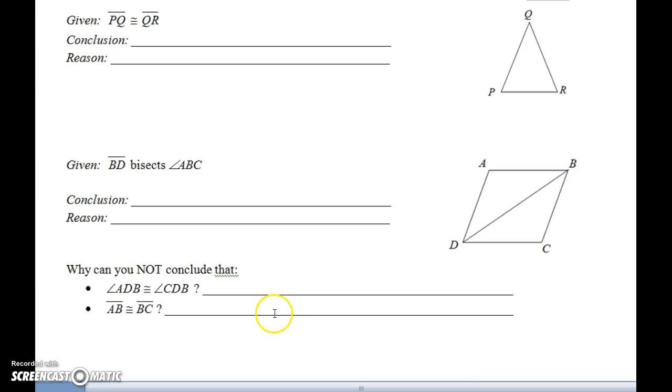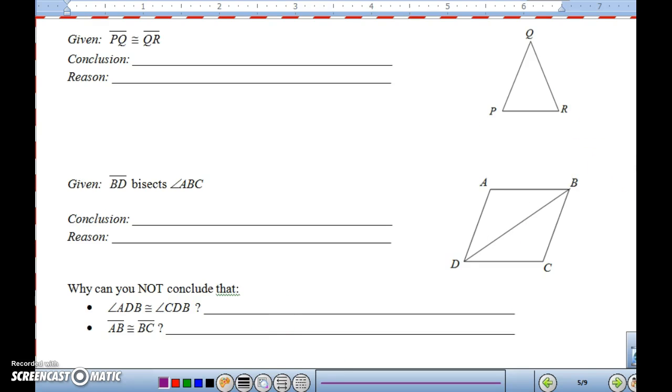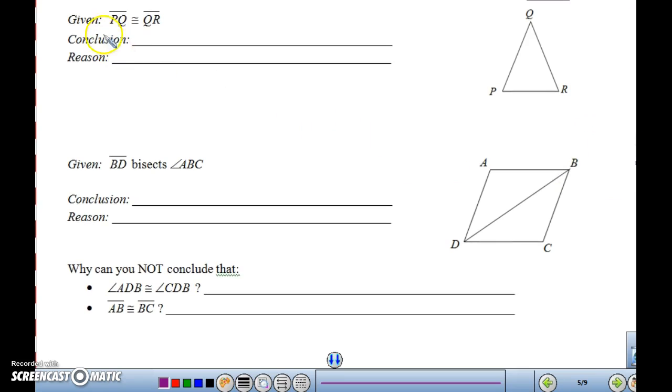It's always important, too, to use the diagrams that you're given that go along with the given statements. So, if we know that PQ is congruent to QR, looking at our picture over here, PQ is here, QR is here, and they're congruent. Now, notice this is a triangle. What kind of triangle has two congruent sides? Well, it's isosceles. An isosceles triangle has two congruent sides.